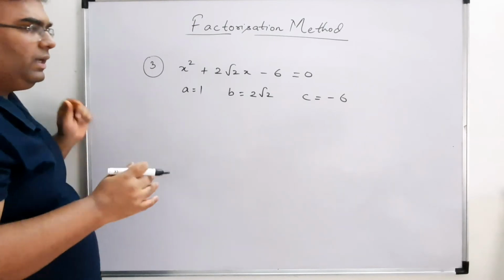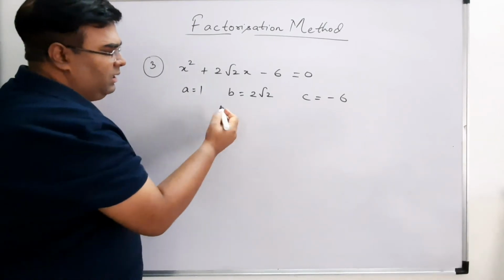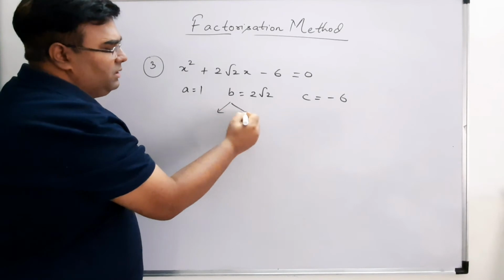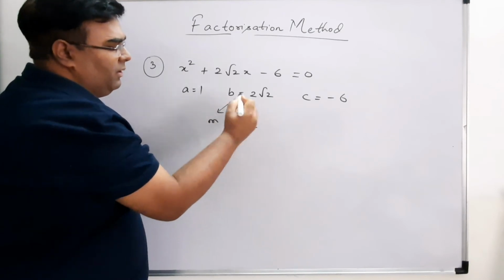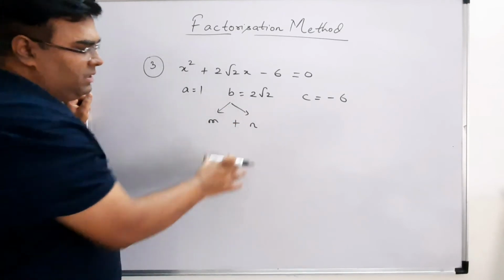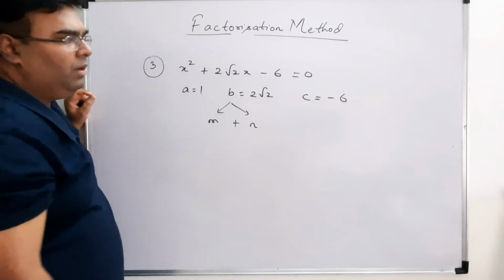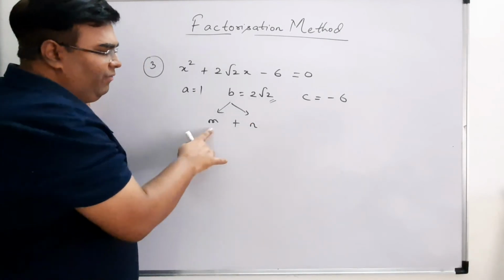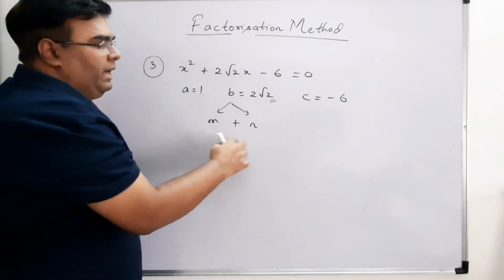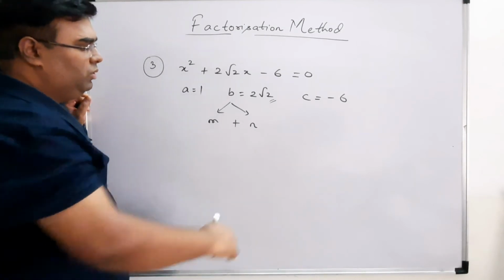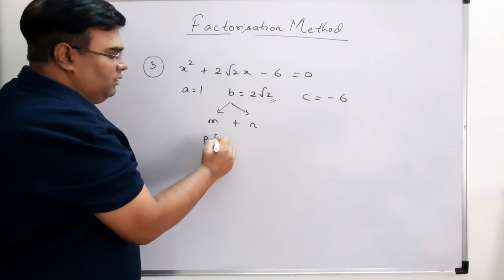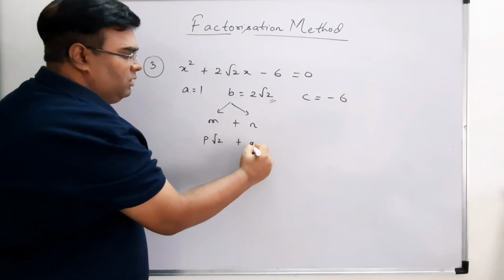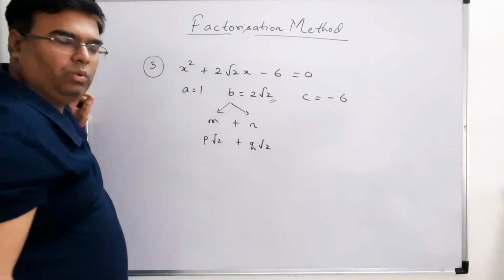Now since we know that this m and n, basically we are splitting this b into m and n, right? M plus n will give you what? B, and we have root 2 here, so definitely m will also include root 2 and n will also include root 2. Let's say it will be p root 2 plus q root 2, right?